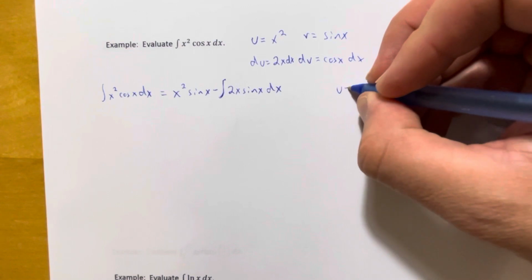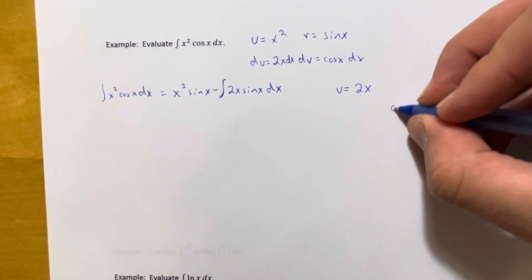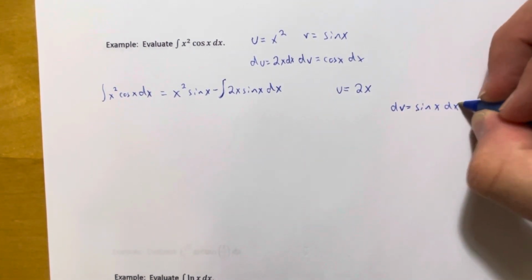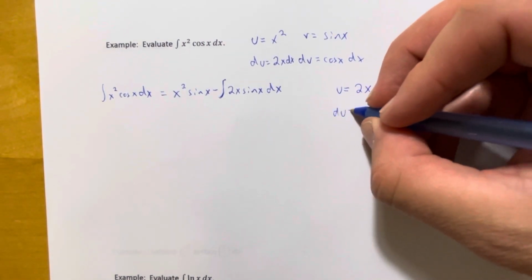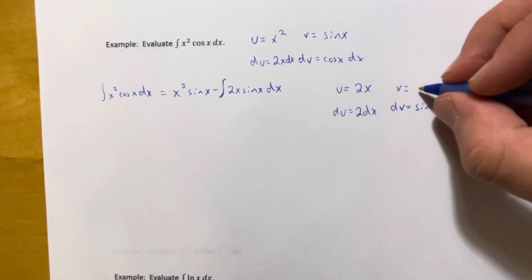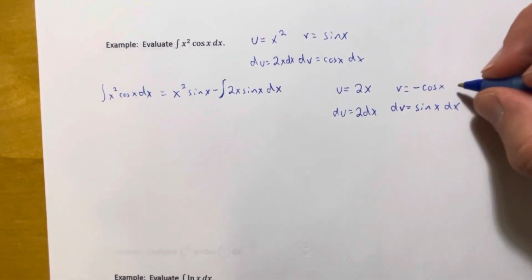This time, let u equal 2x, and let dv equal sine of x dx. So now du equals 2dx, v equals negative cosine of x, and that's what we're going to be using in our integration by parts.